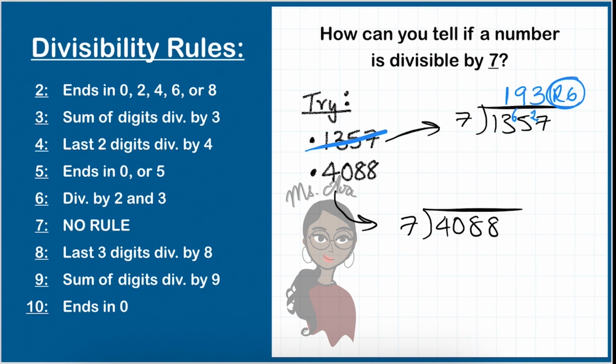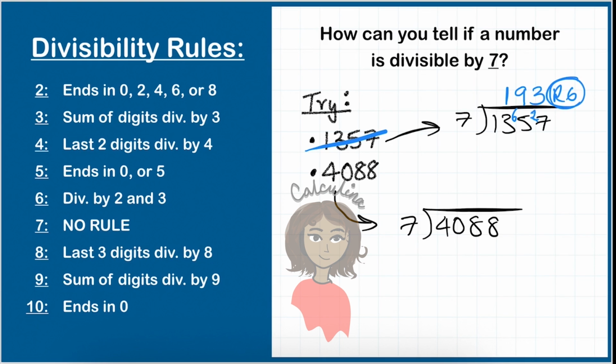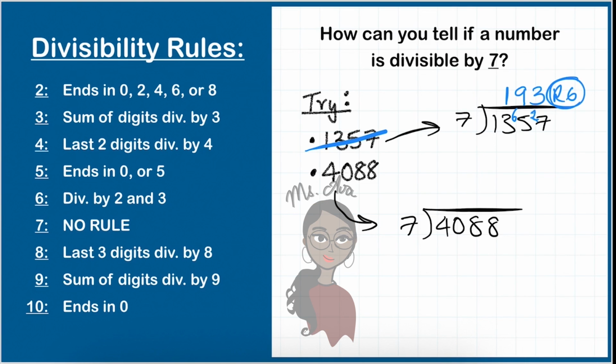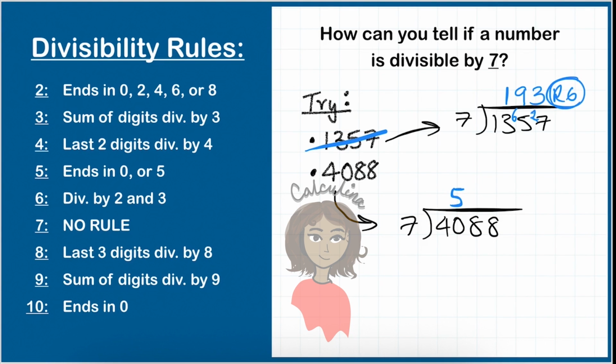No, it's not 6 times because 6 times 7 is 42. Oh, okay, then it's 5 times. Yes, so I write the 5 right above the 0 like that, and then we have 7 times 5, which was 35, and you subtract that from 40. What does that give you? That will be a 5.